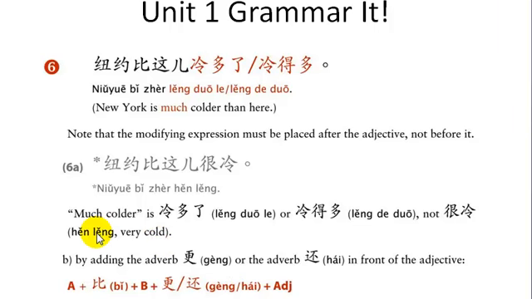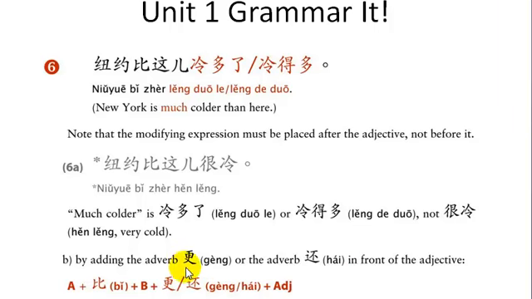And here they're pointing out that to express much colder, it's 冷多了 or 冷得多, not 很冷. 很冷 just means very cold. But when you're comparing and you want to say something's a lot colder, then it's 多了 after the adjective or 得多 after the adjective.